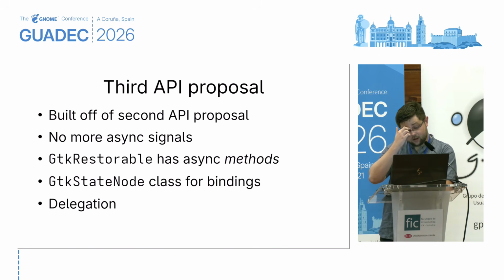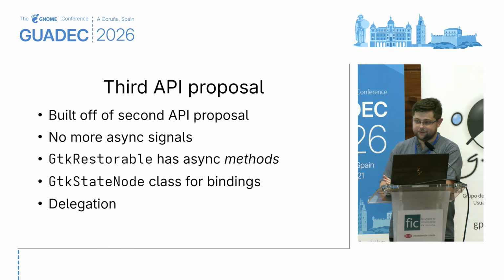So now, the last couple of weeks, I've been working on a third API proposal, which is not too different from the second API proposal. We keep most of those benefits of the state tree and bindings and all that. But we came up with a slightly different way of doing it. So there's no more async signals. GTK restorable now has async methods or vfuncs.